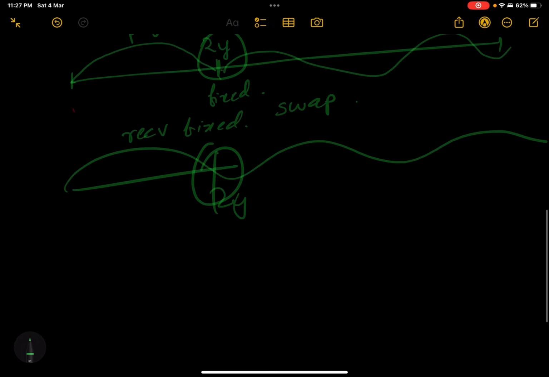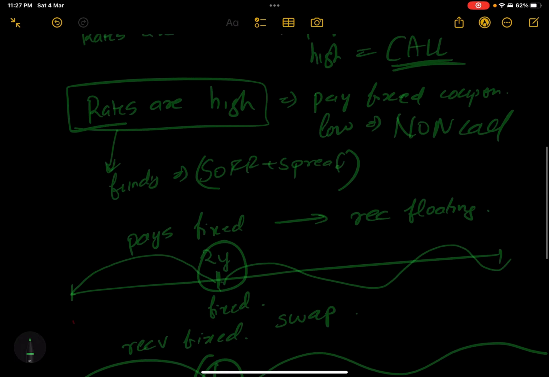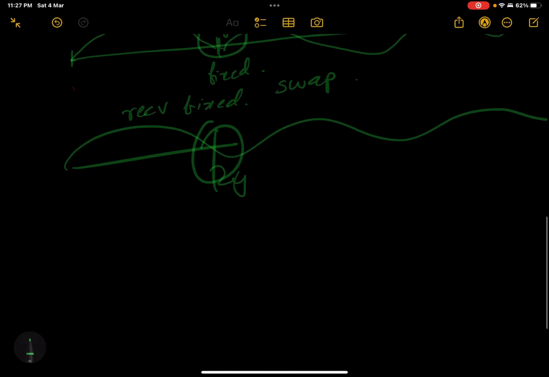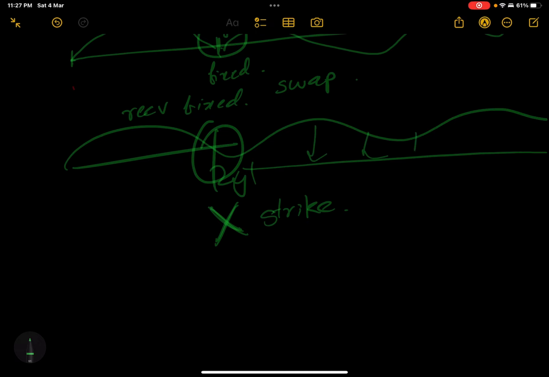What if, let's say, I enter into a receiver swaption at 2 years, maybe at some strike X? I don't know what the strike X is, but maybe at some strike X. So I will get the fixed rate for these years.